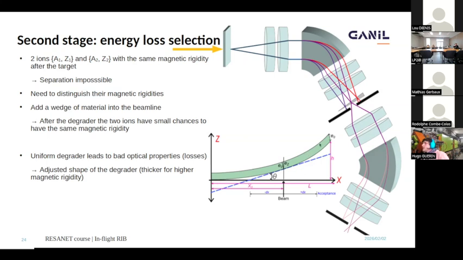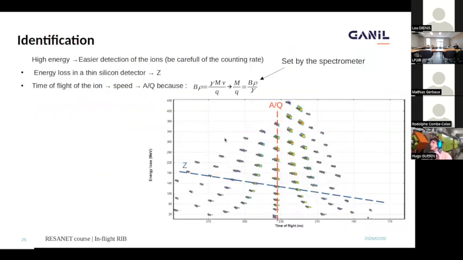And here is the shape of the degrader we have on LISE and on other spectrometers. It's like only a foil, but it is curved. Okay, so you can do this selection with the first and second step.